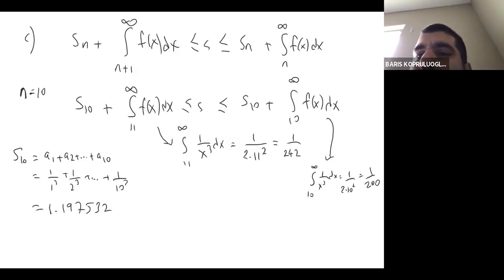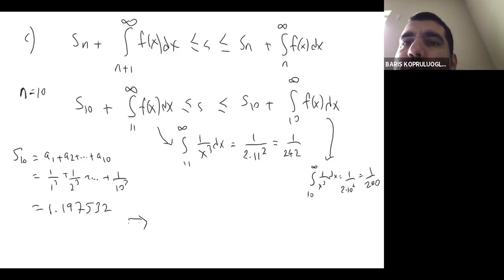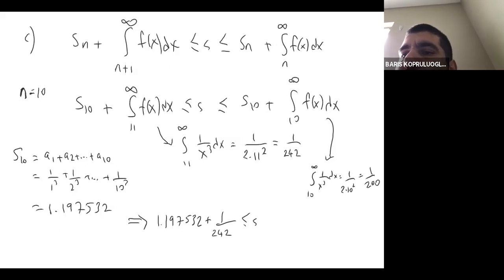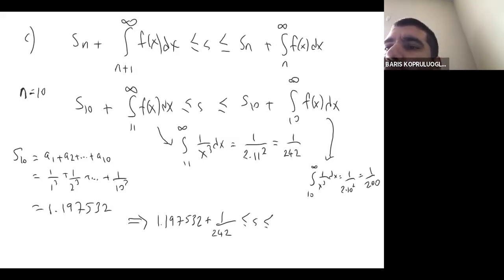Now let's sum up. It will be 1.197,532 plus 1 over 242. Obviously, we need a calculator for that. Less than or equal to S, and S is less than or equal to 1.197,532 plus 1 over 200.